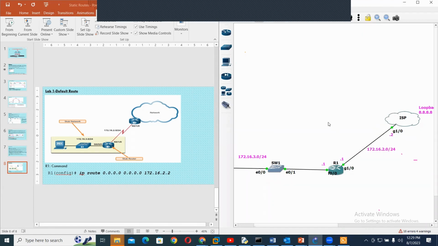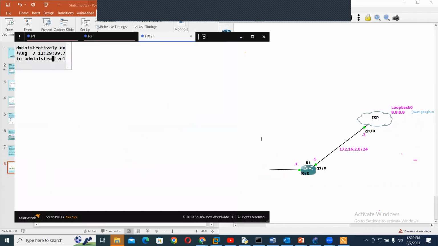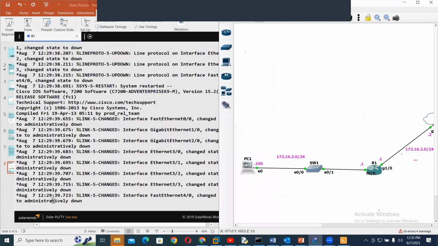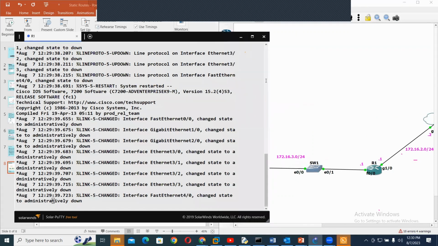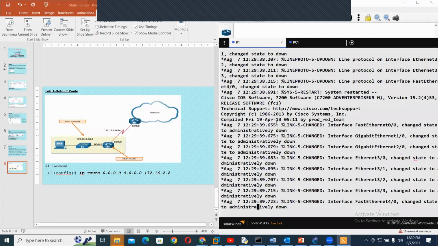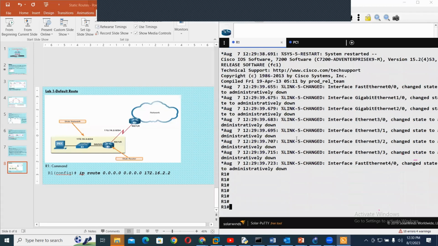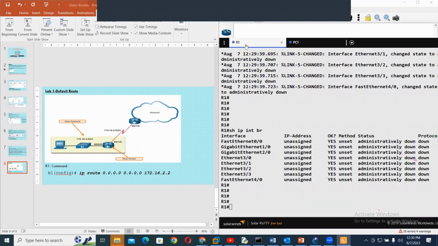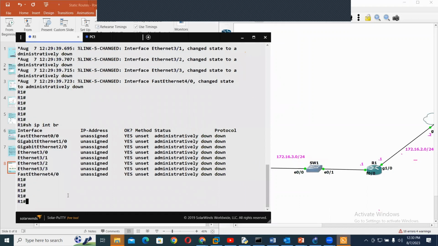Let me run the console of router 1, and the console of our PC. Still booting. Okay. Show IP interface brief. Yes, we have not configured the interfaces' IP addresses, so we have to do that.